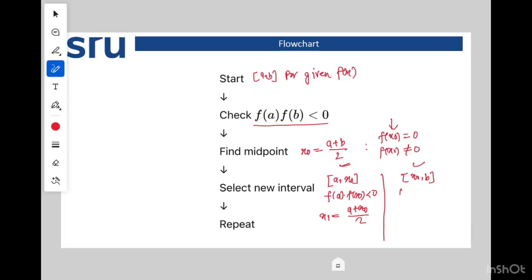And if f of x naught into f(b) is less than 0, then your first approximation x1 will be x naught plus b divided by 2. Now we have to repeat this process until the root is found with the desired accuracy.